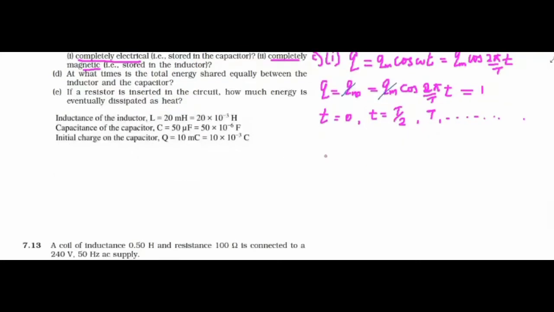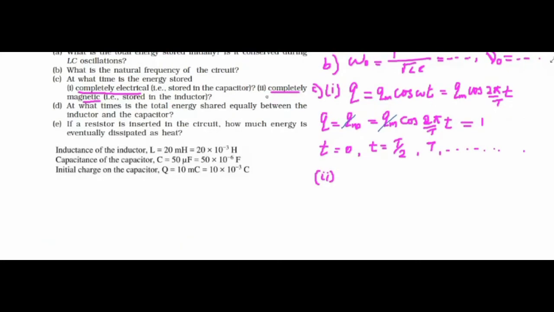Now, next, take part 2, that is completely magnetic. Completely magnetic means the capacitor is completely discharged. Therefore, Q is equal to 0.